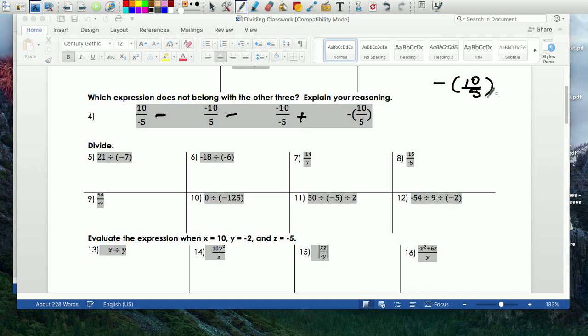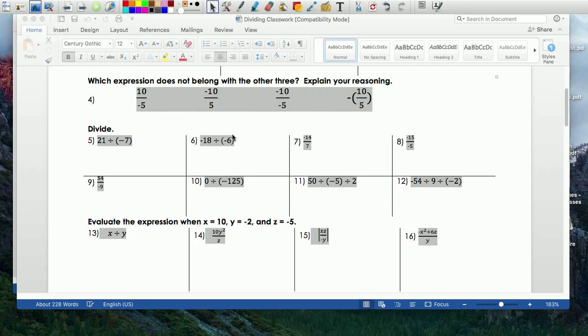We can simplify 10 over 5 and just simply write 2. We can remove the parentheses, but that still leaves that minus sign in front of the 2, so that would give me a negative sign. So which one does not belong? Obviously, this one doesn't belong because this one is positive and all the rest are negative.